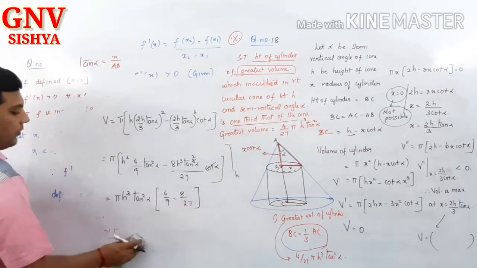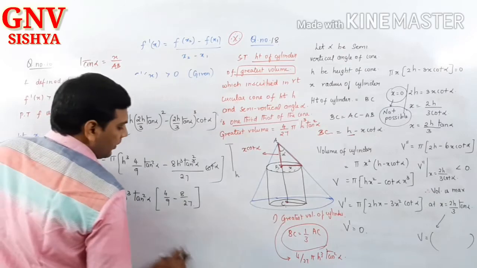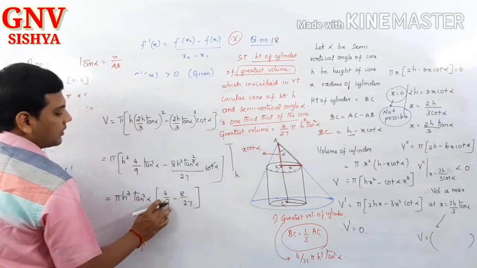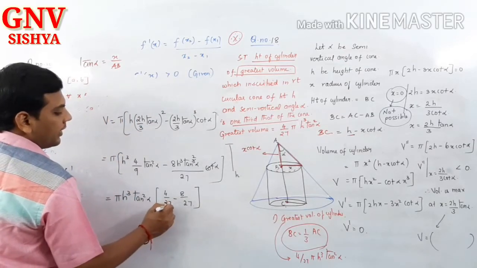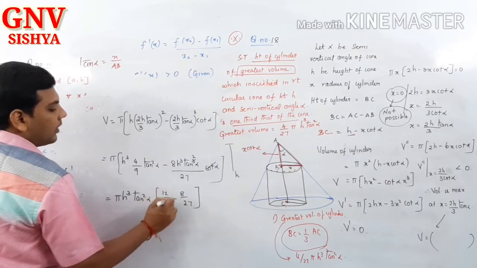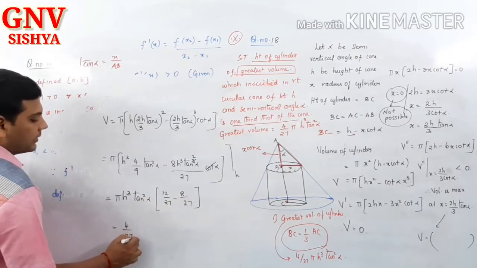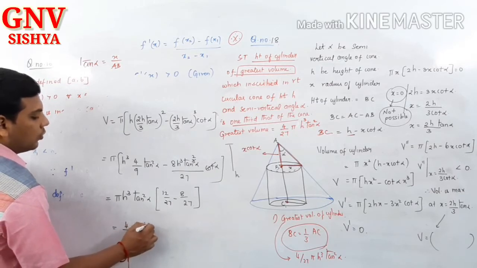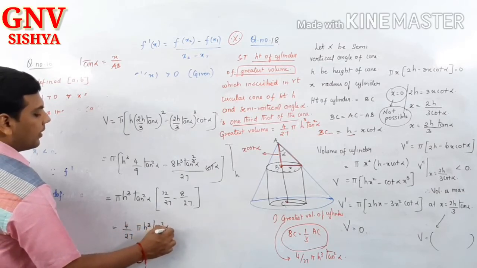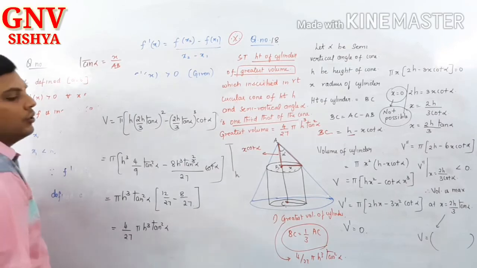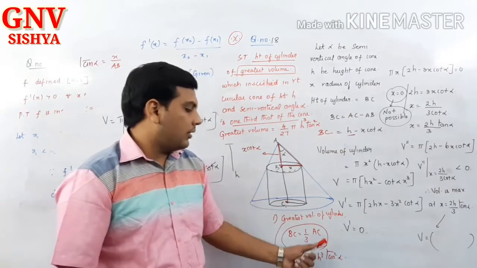So I have to simplify this one. How can I simplify, sir? Very simple. Multiply this by 3. If this becomes 27, this will become 12. So 12 minus 8 will become 4, right? So 4 by 27 pi h cube tan square alpha. So at last I have got the answer.